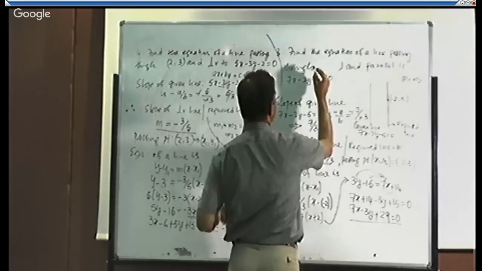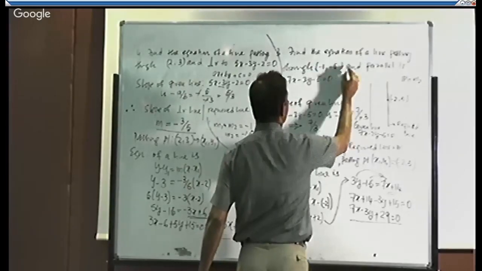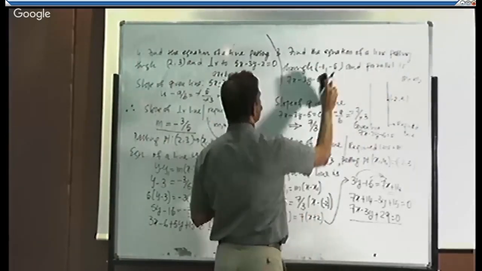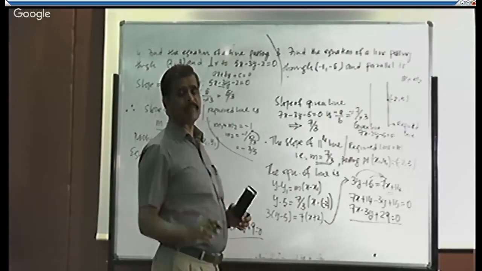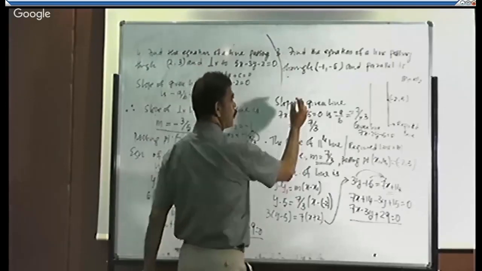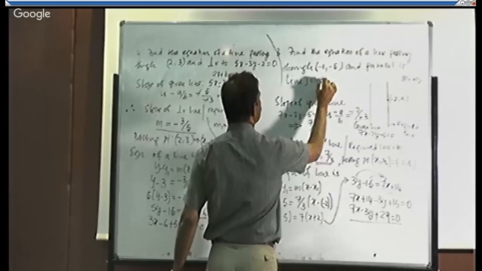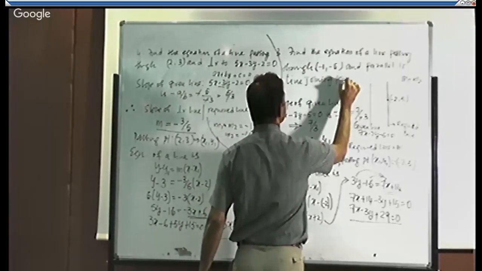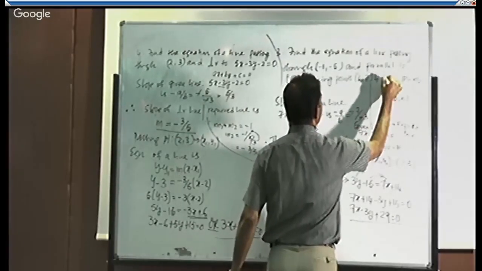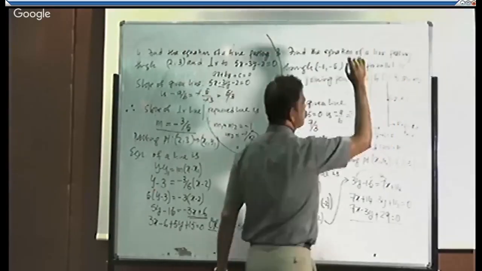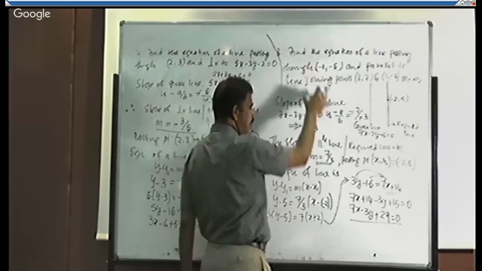Find the equation of a line passing through minus 1, minus 5 and parallel to, instead of giving the ax plus by plus c form, if they give the line joining the points 3, 2 and 1, minus 4. If they give it like this, the procedure is the same procedure you have to follow.